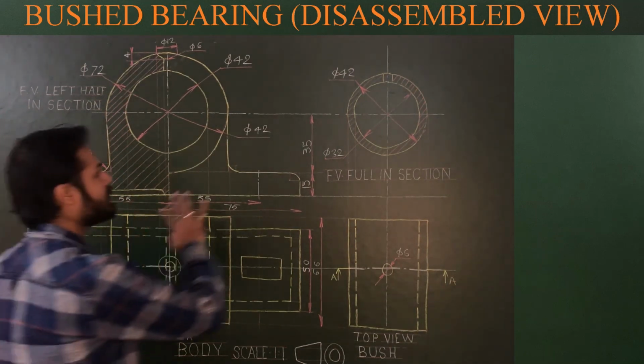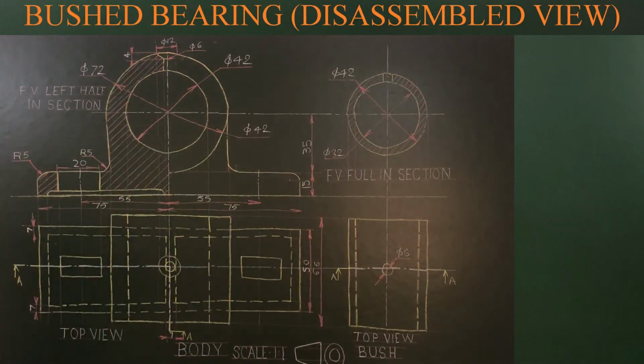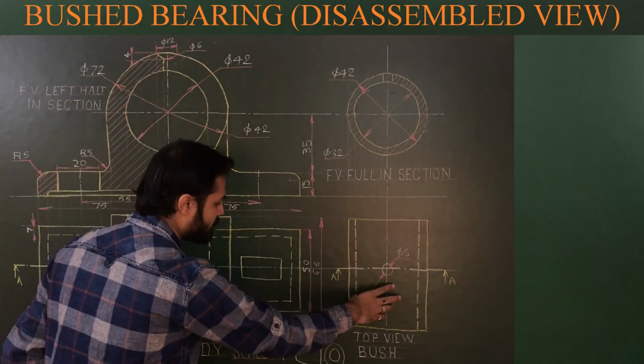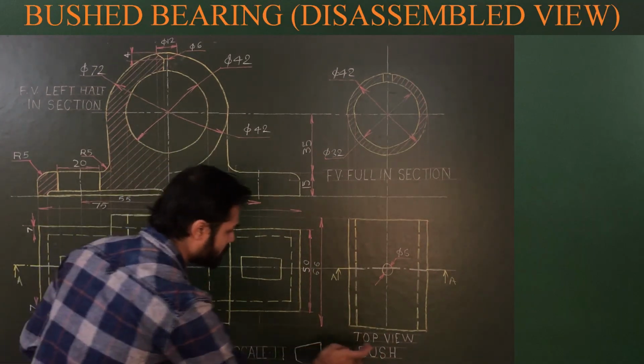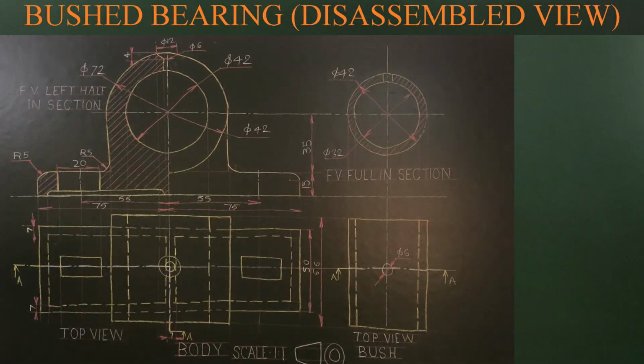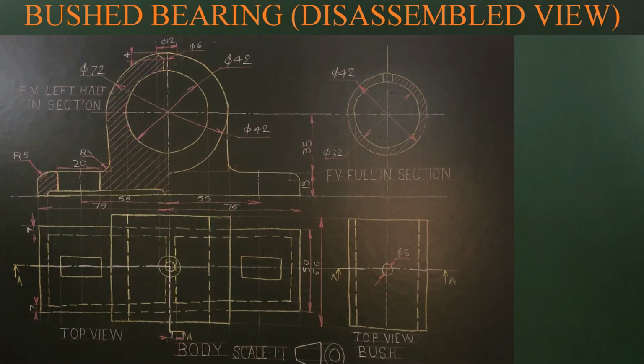Then similarly, bush, front view, full in section, then its top view, write heading, then write bush, and then below these two headings, write scale, then symbol, and last the overall heading, disassembly or disassembled view of bushed bearing.